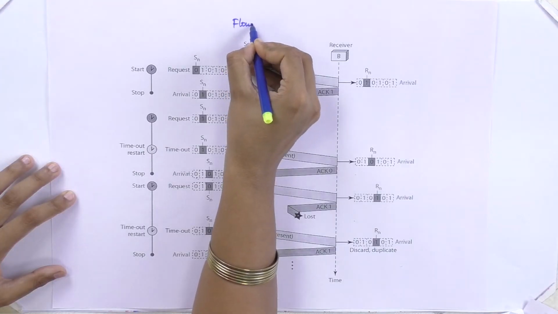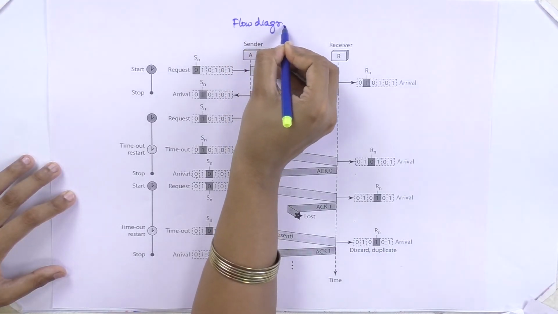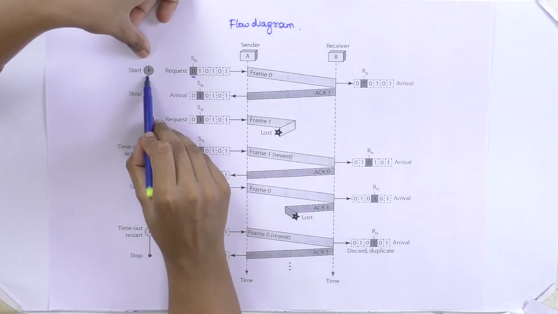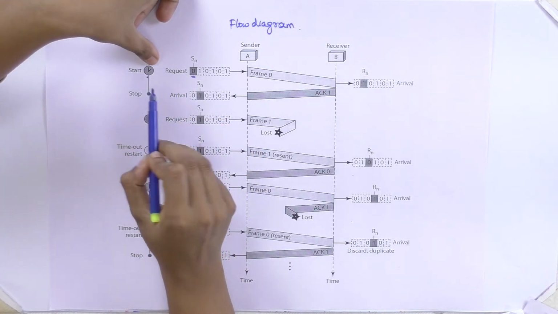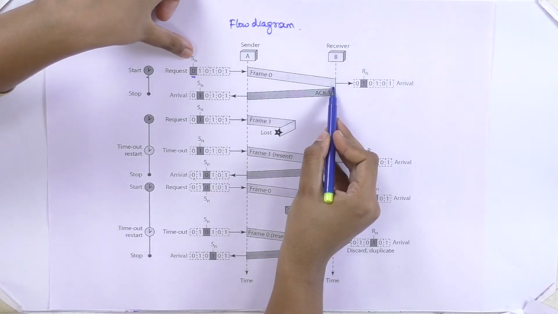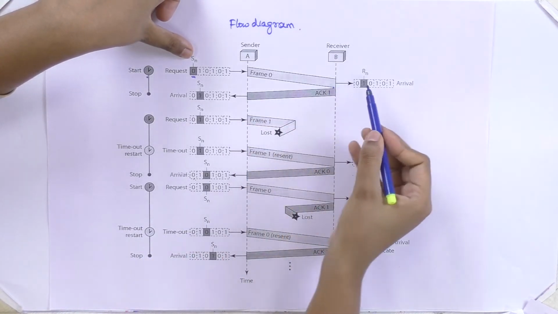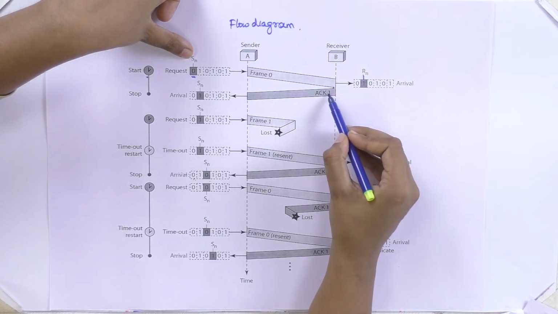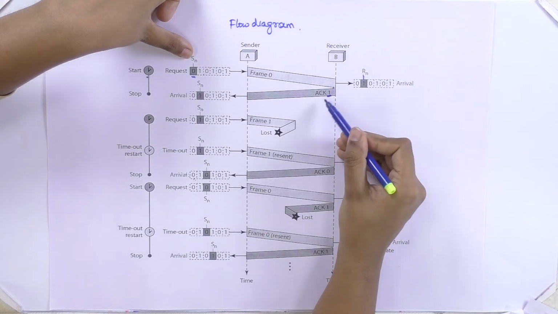So this is a flow diagram for your stop and wait ARQ. My first frame is 0. I set the timer, that is, it has started, and this frame 0 has arrived here and the receiver will acknowledge that to send the next frame.